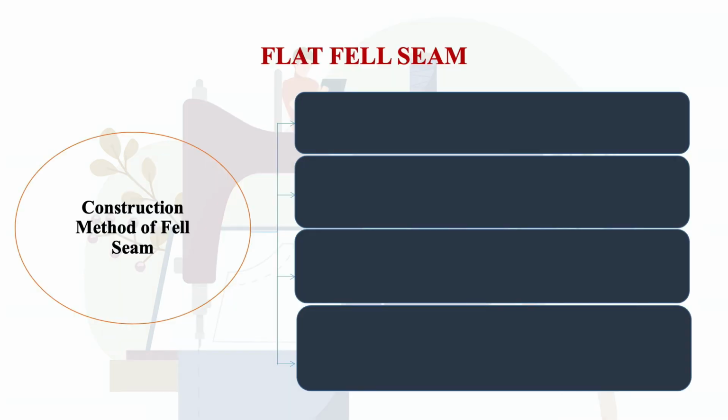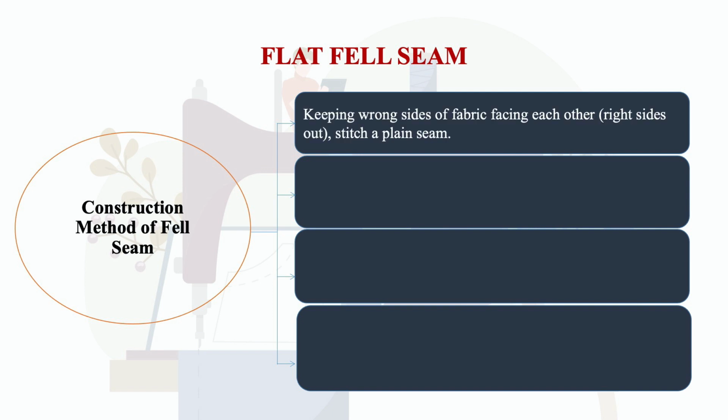So let us talk about the construction method of the flat fill seam. In this also you need two pieces of fabric, keeping the wrong sides of the fabric to each other, right side out, and stitch the plain seam. Like what we have done in the French seam, we do the same thing.